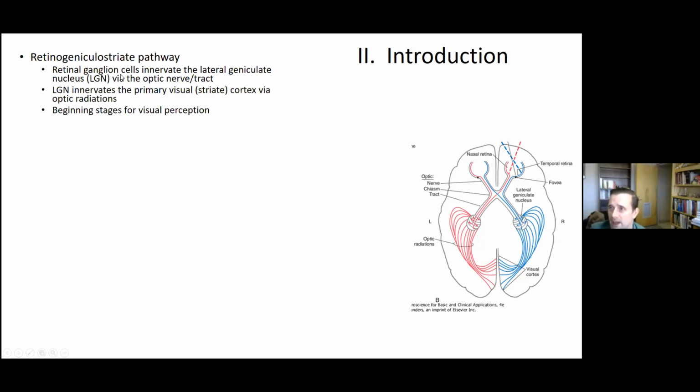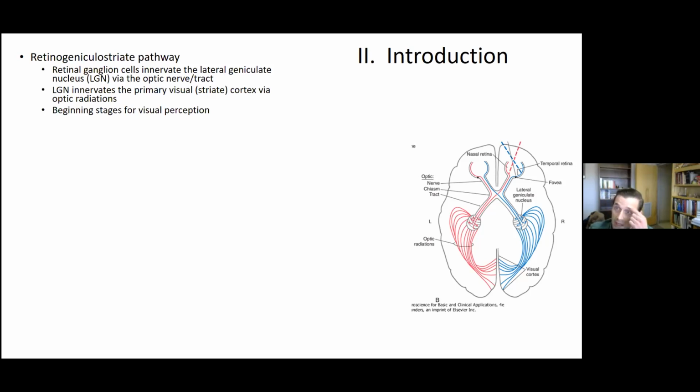Your retinal ganglion cells are those bipolar neurons in the retina, and they innervate the lateral geniculate nucleus in the thalamus. So how do those retinal cells get to the thalamus?